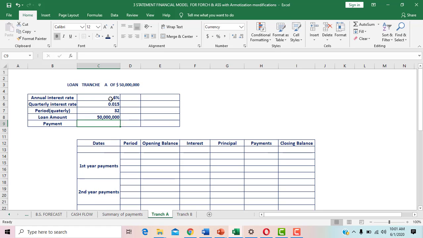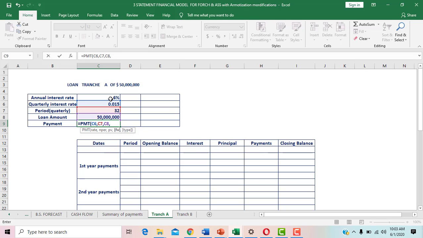Now let us calculate the payment the company is supposed to be making quarterly, which is equal to PMT. The first variable is going to be our interest rate, which is 0.015, comma, the number of periods, which is 32, comma, then the present value, which is the loan amount we are receiving today, $50 million.